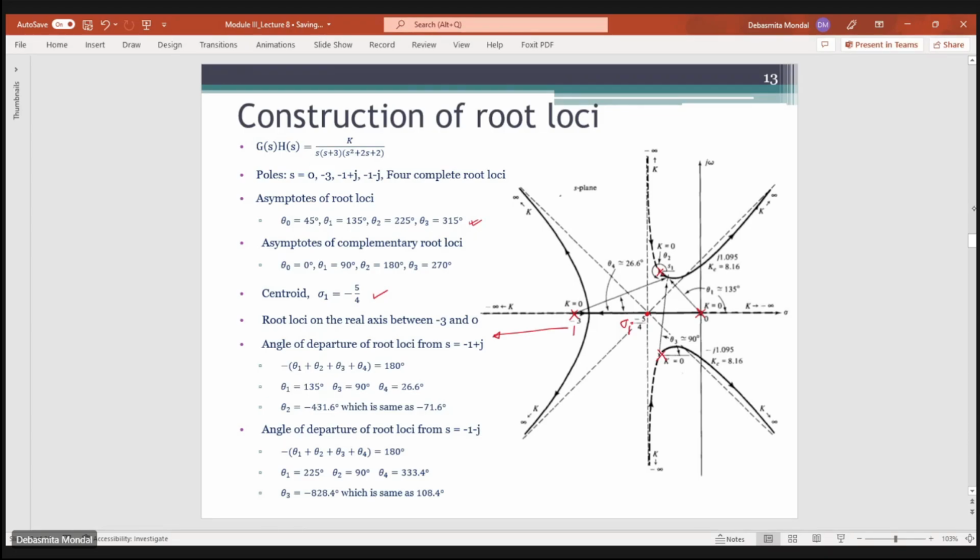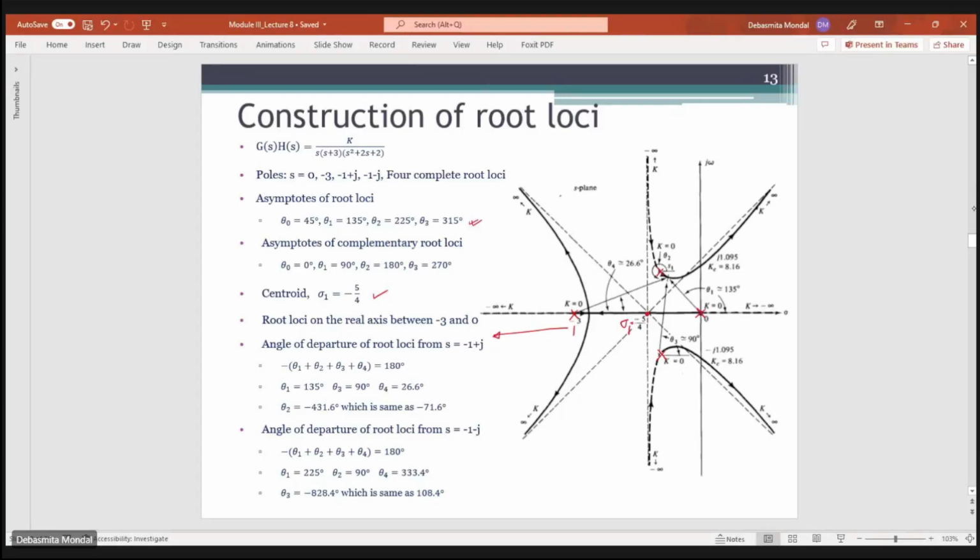Now if you want to find out the angle of departure of the root locus from this complex pole, let's say this is minus 1 plus j, what we do is take a point which is very close to this one but not the same point. Let's say this is S1, and we find out the corresponding angles that these phasors will make.